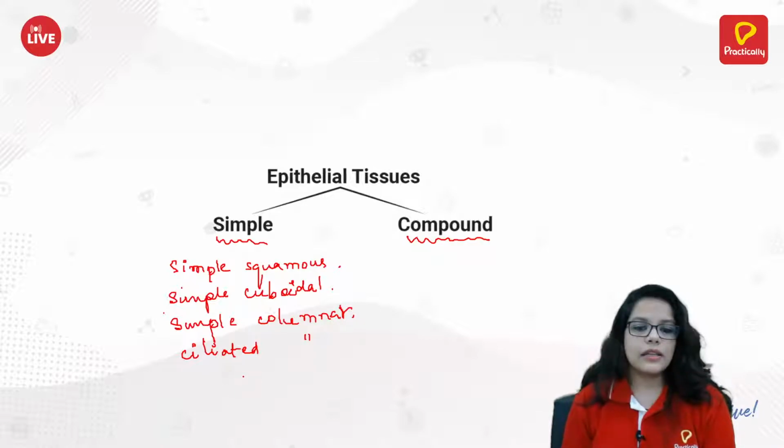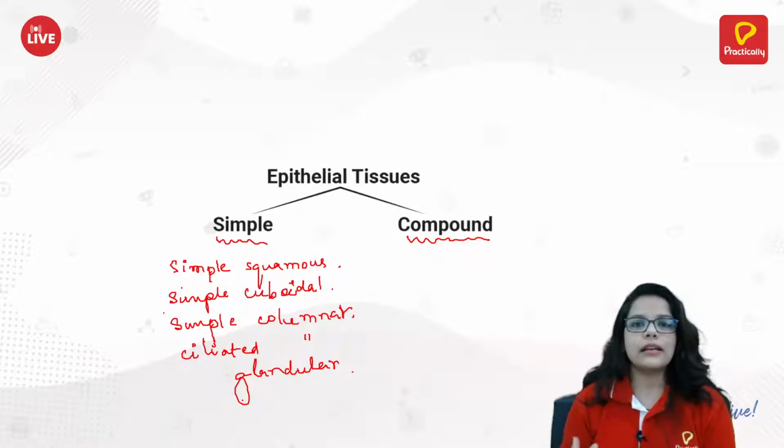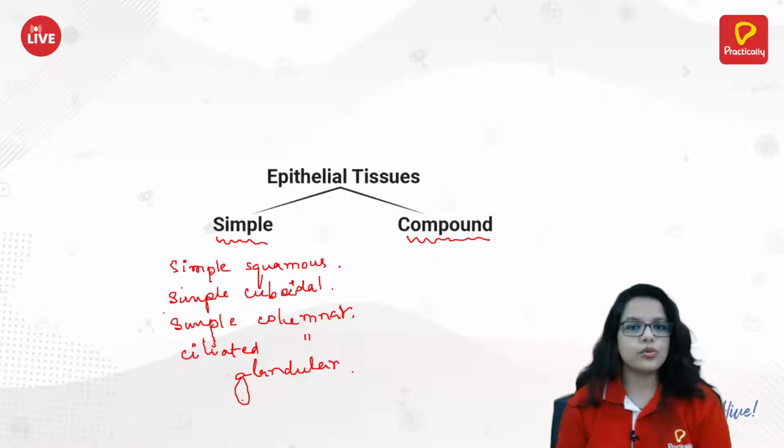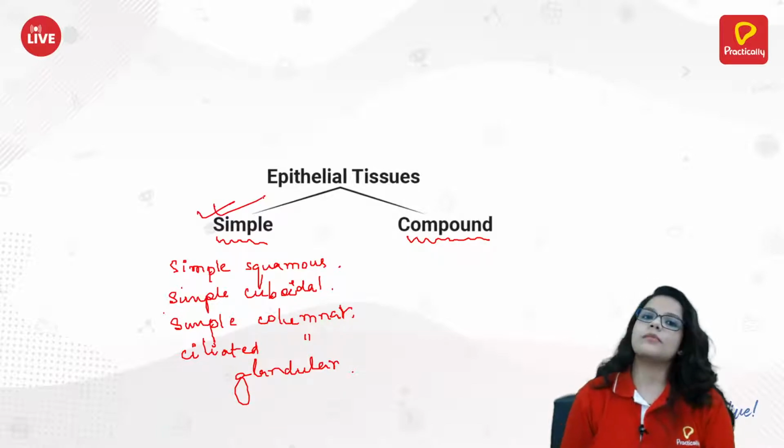There is glandular. So simple tissues are mostly what we have in our body. There are also compound tissues, but mostly we are concentrating today on the simple tissues.